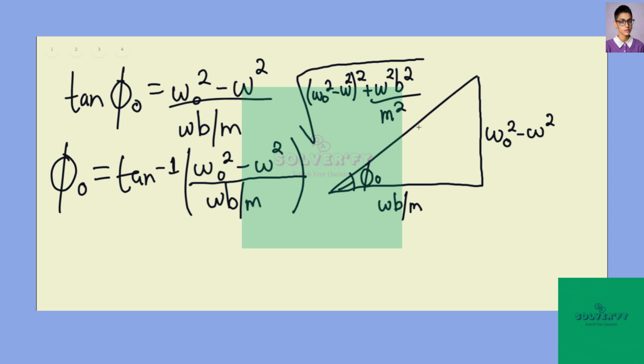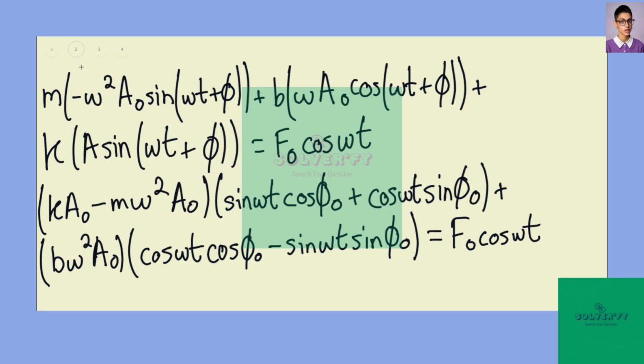So that triangle would demonstrate the solution, and now we have to equate the coefficient of cosine omega t. So from here, we say that this entire term here equals the force.